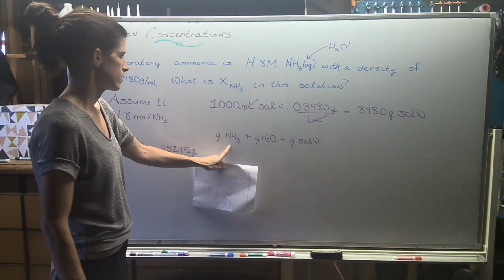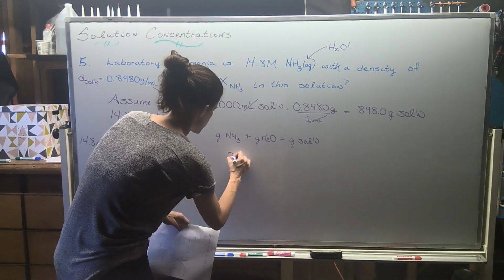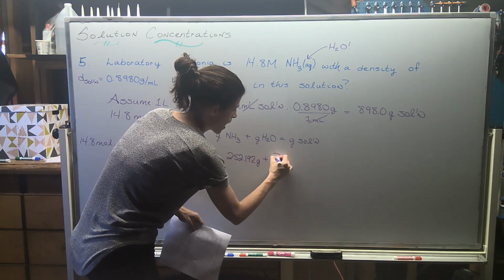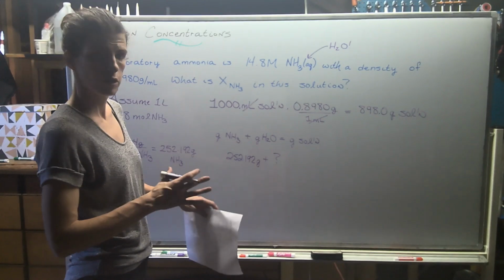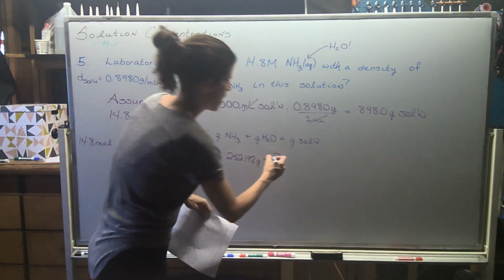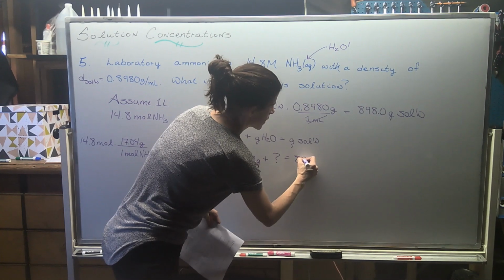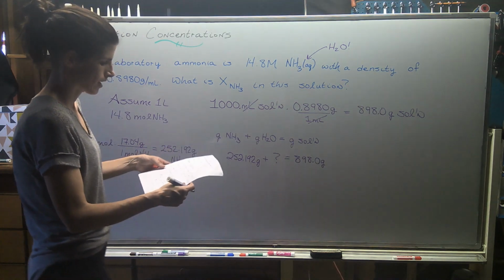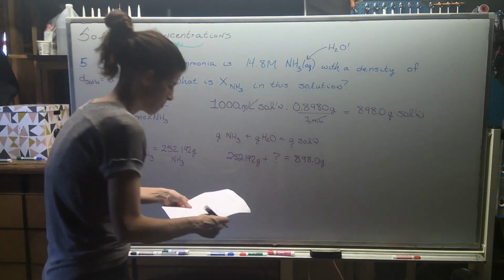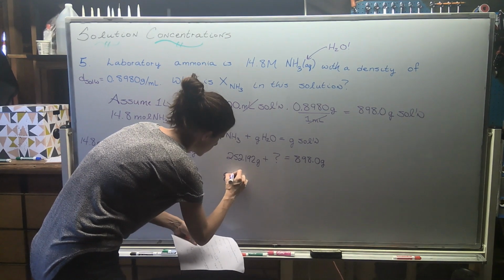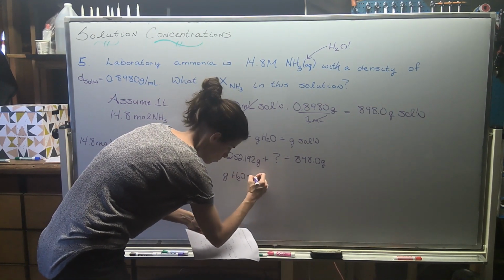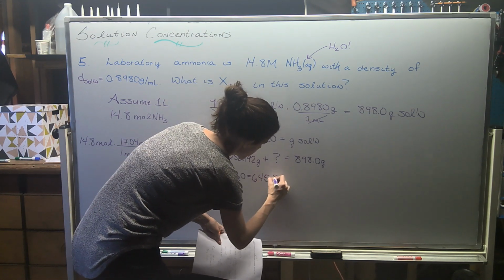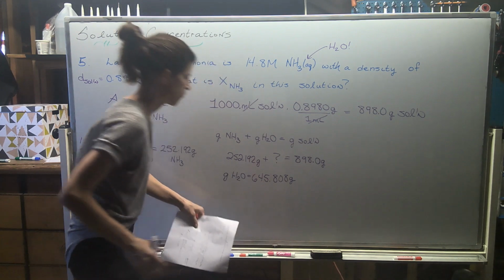So working with this, I'm going to plug in 252.192 for the ammonia. I still need to do a little bit more work to get the grams of water, and I know my solution is 898.0 grams. So I'll subtract over, and then I get a mass of water equal to 645.808 grams.